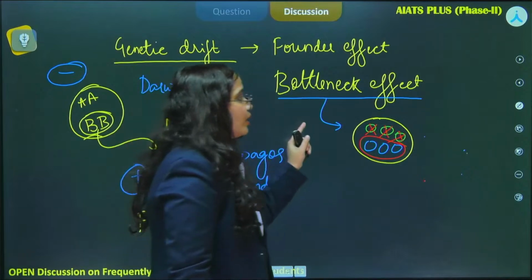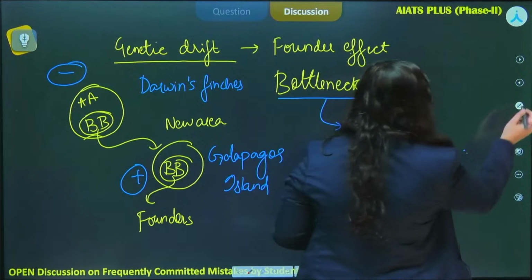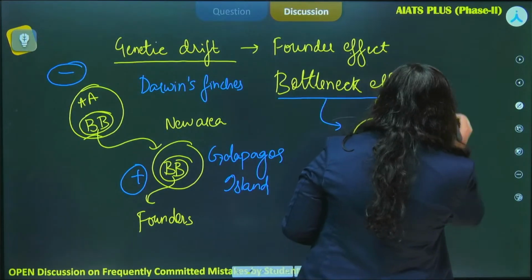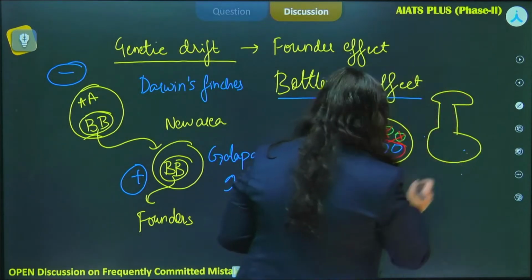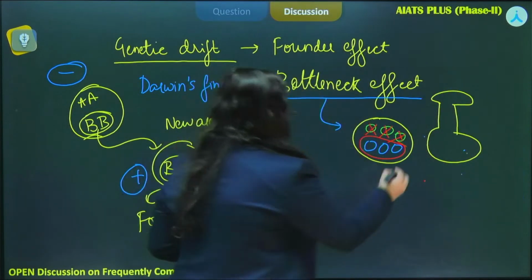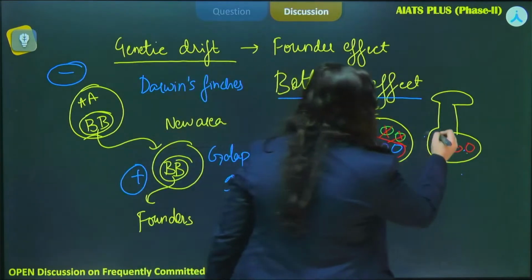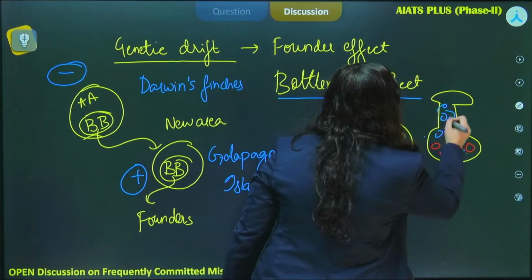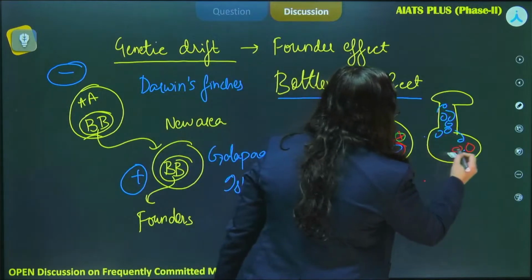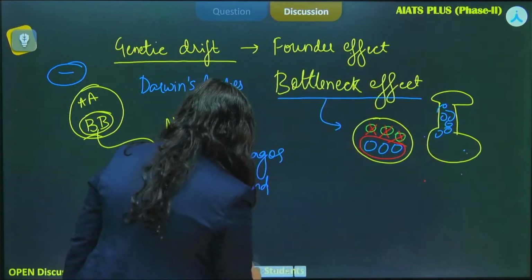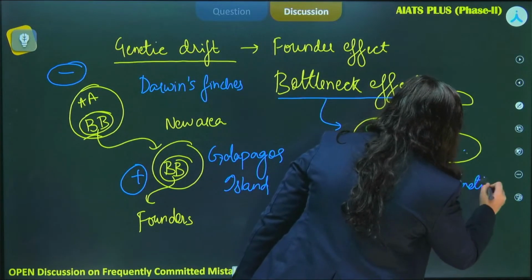So basically we are calling it a bottleneck effect, because if you see a bottle which was full of different types of beetles, for instance, it is now left only with these blue colored beetles. So basically there is a loss of genetic diversity.